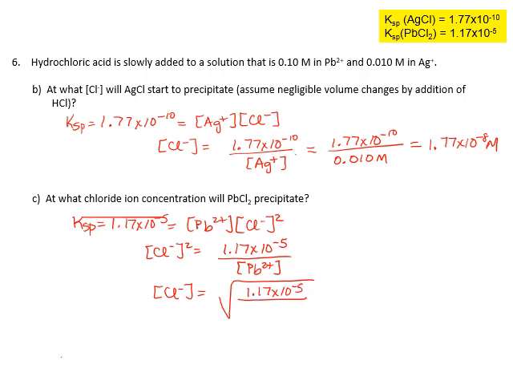Our lead 2 plus concentration was 0.1 molar. And we find that the chloride concentration has to get all the way up to 0.0108 molar before we start to see any lead 2 chloride precipitating.